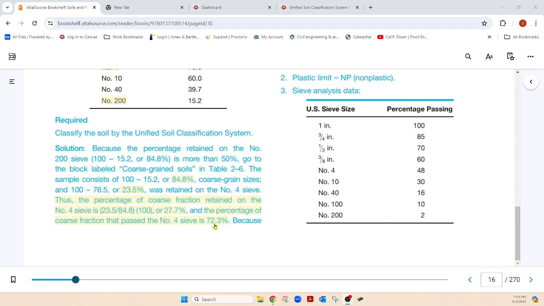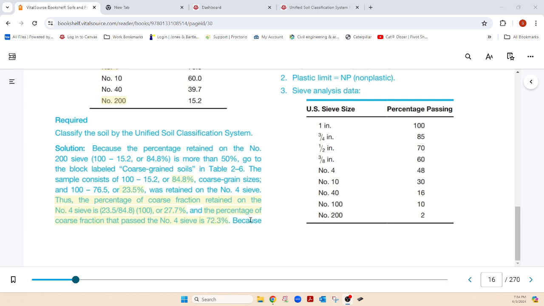I bet it's 100, because we're dealing with 100% here. 72.3 plus 27.7 equals 100. So that verifies what we're saying, that the percentage of coarse fraction that passed the number 4 sieve is 72.3. So you got both of those coming up to 100.